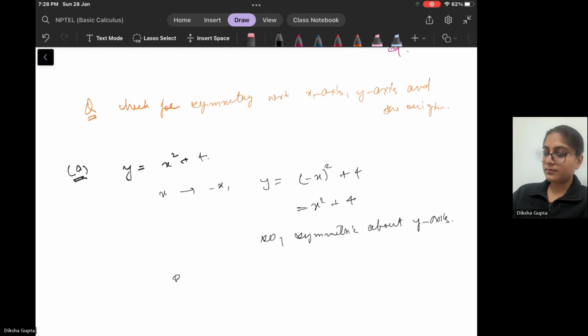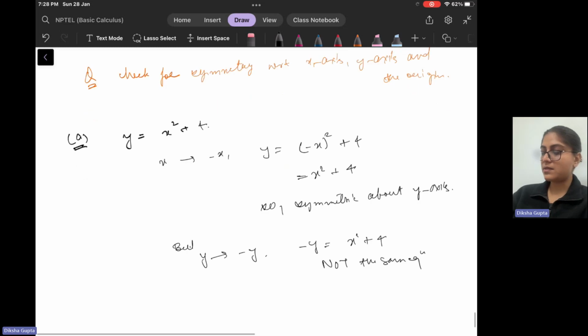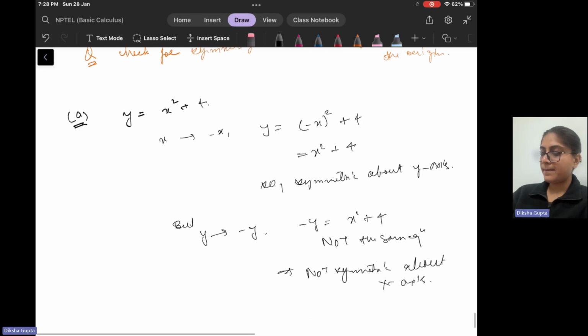But y replaced with minus y is not the same equation, because we have y instead of minus y, so not symmetric about the x-axis. And since it is not symmetric about either the x-axis or the y-axis, it is not symmetric about the origin.